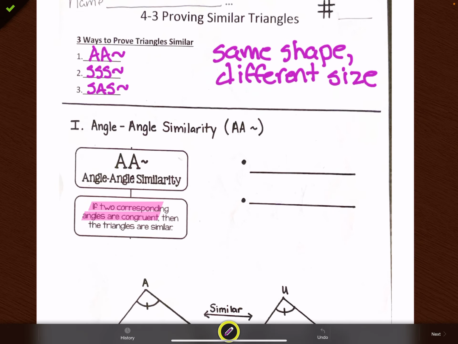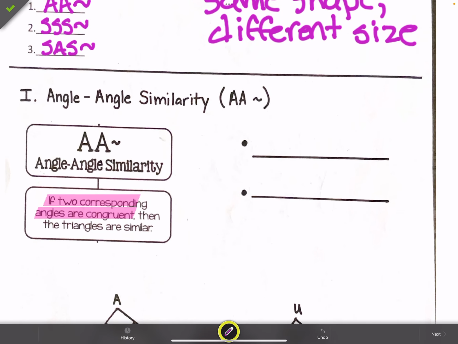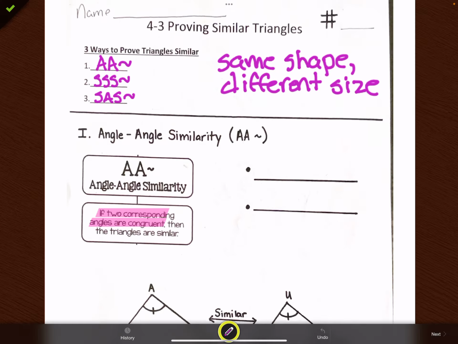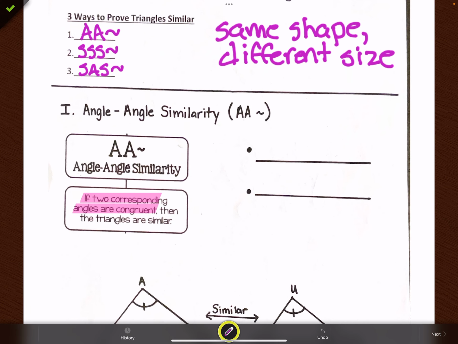But if you remember the video we watched last week, they showed us why they wouldn't be congruent triangles because your sides could be different lengths. But what you want to look for is 2 pairs of corresponding, and I'm going to abbreviate, congruent angles.